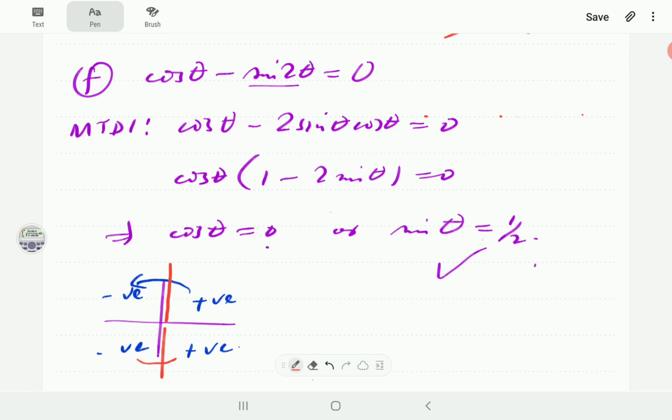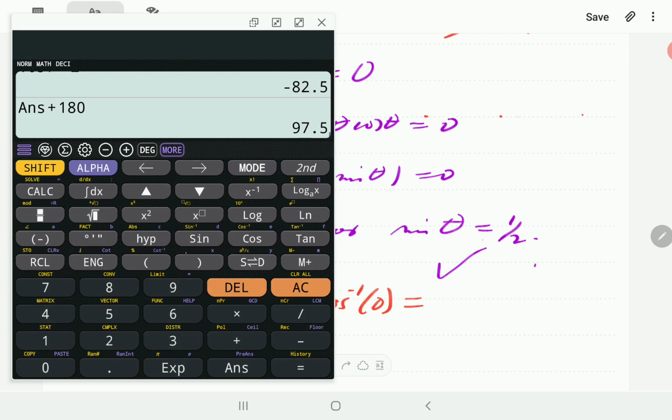270. But of course we could just punch this in the calculator. It's just that if you have an understanding of what's going on, then you are better equipped.